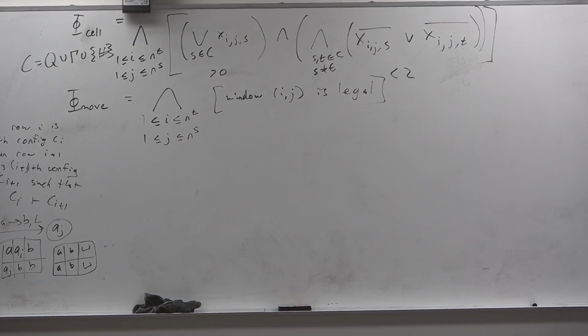So how do you determine that the window at ij is legal? What you do is you just check that those 6 values are from a specific hard-coded list.